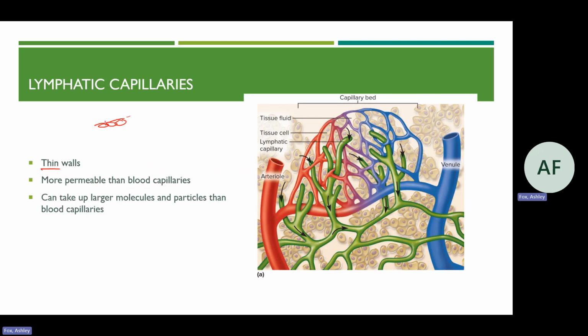So we want in blood capillaries moving in and out. In lymphatic capillaries, we want the same thing, thin walled. Granted, we don't want things moving out. We just want the blind ended and we want to be able to diffuse in. Faster diffusion happens when you have thinner walls. It's easier for things to diffuse across the small, kind of thin wall versus a thicker wall.